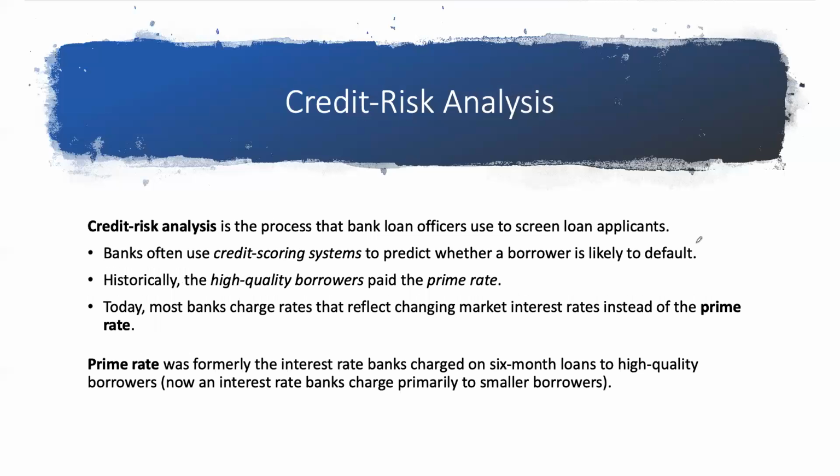Okay. The other way that banks manage risk is what we call credit risk analysis, right? With credit risk analysis, the basic idea is fairly straightforward. You use a credit scoring mechanism, what we now know as the FICO score, in order to rate borrowers on their creditworthiness, right?